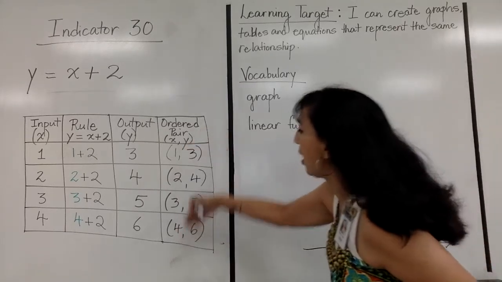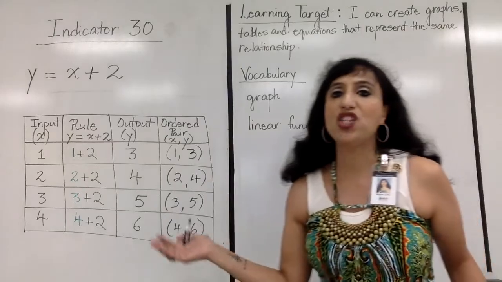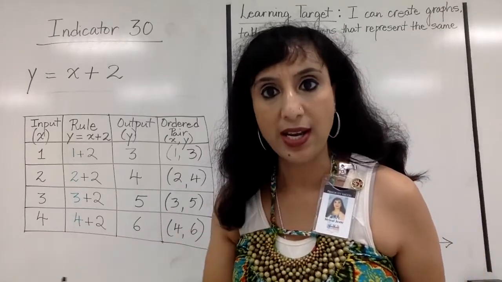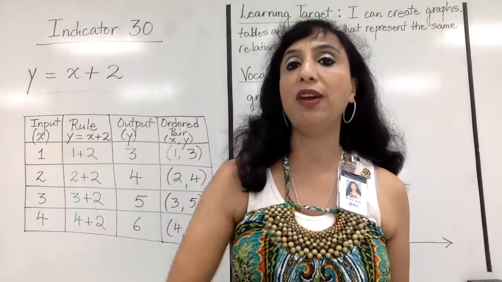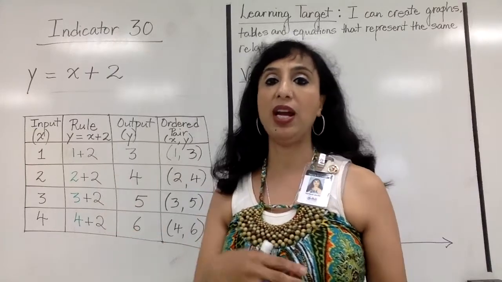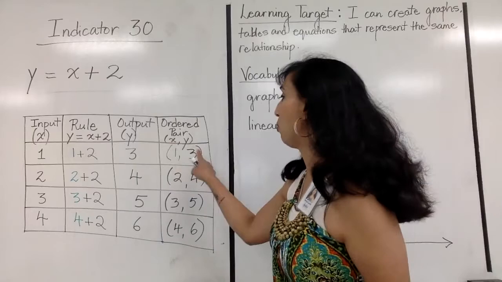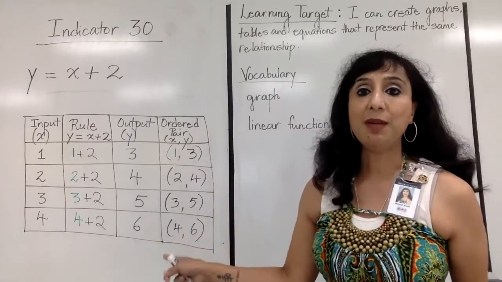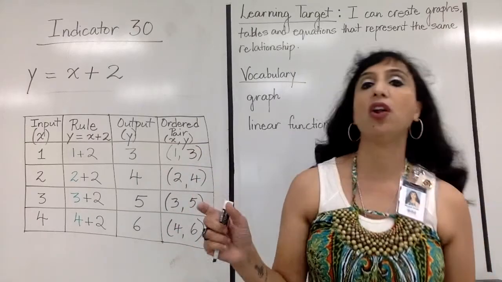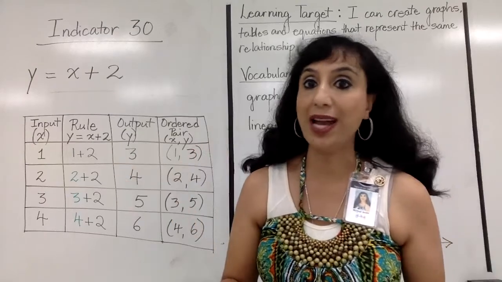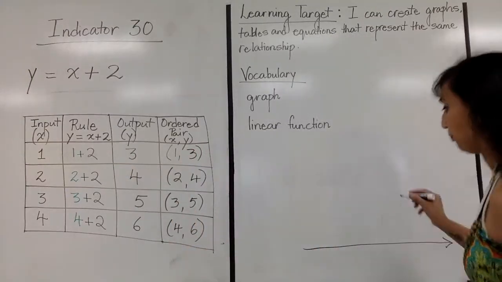Since I can see only positives over here, I just need quadrant 1. I don't need to be doing quadrants 2, 3, 4, where you have negative, positive, or negative, negative, or positive, negative combinations, because I can see x and y are both positive. That means they are only going to fall on quadrant 1. So that's all I'm going to worry about right now.